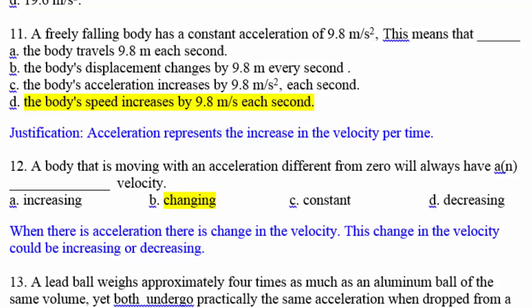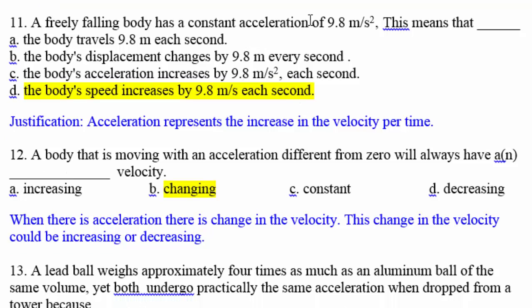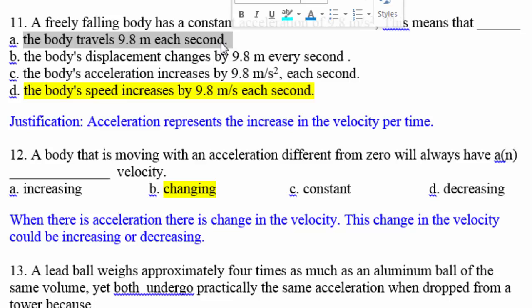Also, if you look at question number 11, what does it mean to have a constant acceleration of 9.8 meters per second squared? This means basically that the speed or the velocity is increasing at a rate of 9.8 meters per second each second. It's not A, because A actually indicates constant speed.